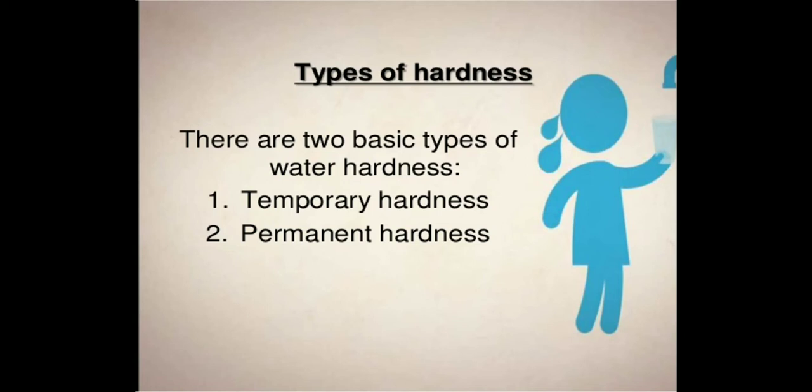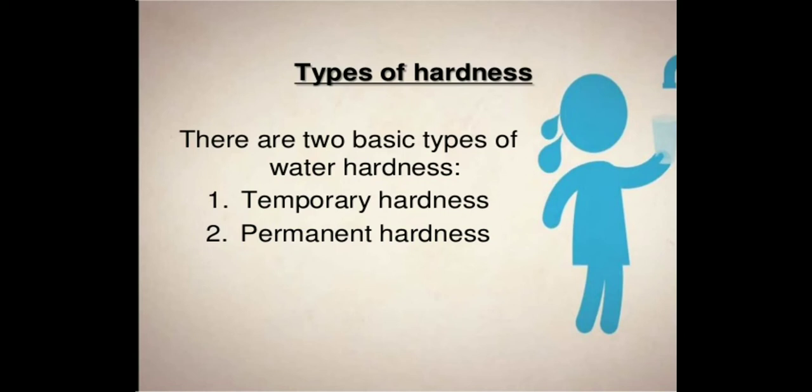Types of hardness. We also discussed different types of hardness. There are 2 types of water hardness. First one is temporary hardness and second one is permanent hardness. We discussed these types of hardness in detail.